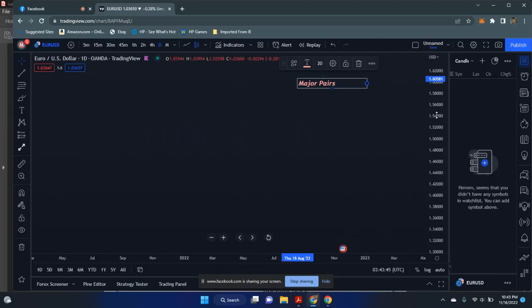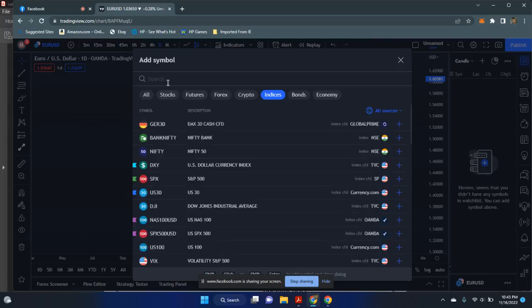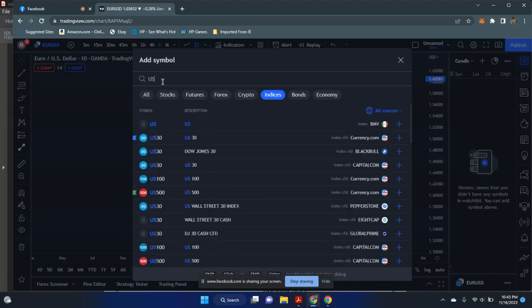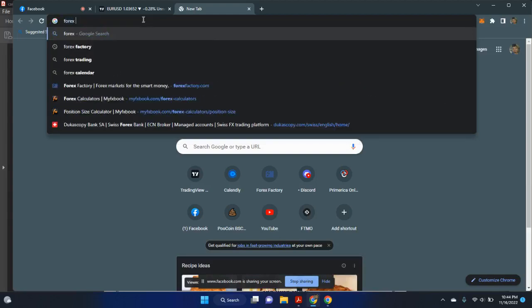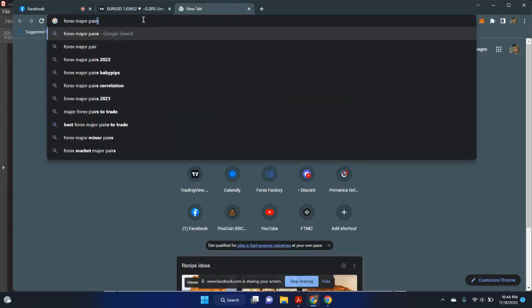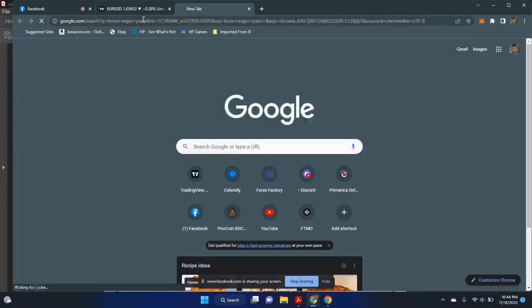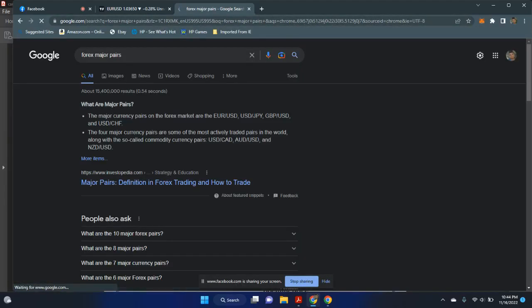Alright. Okay, so your major pairs are, and if you don't know, you can always just type in Forex major pairs. These are some easy pairs to be able to trade.